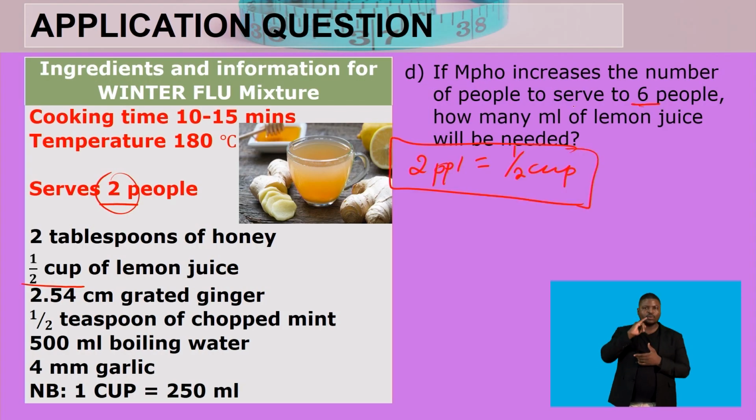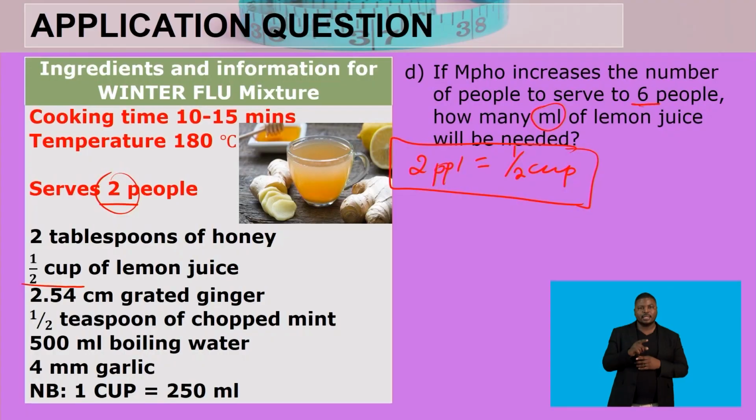Now, the answer is required in milliliters. It means we must convert the cups to what? To milliliters. If 1 cup is 250 milliliters, then what is half a cup in milliliters? It means you are supposed to say 250 divided by 2. So we want half the 250 milliliters, which will give you 125.